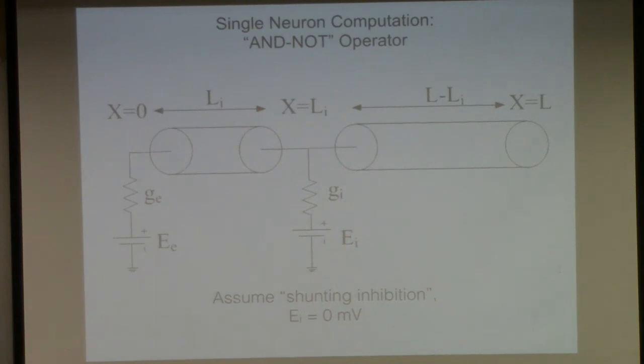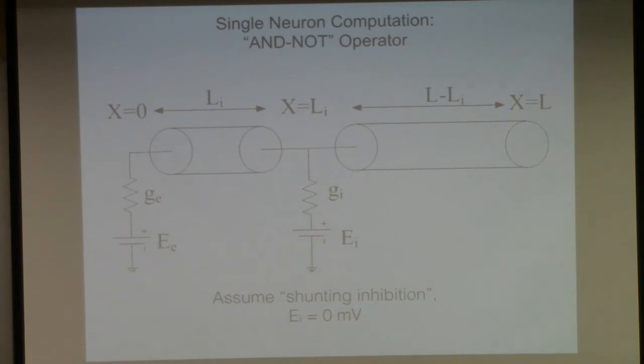So if this reversal potential were 0, increasing this conductance produces no response at this location in the dendritic tree if the neuron is sitting at a membrane potential of 0 millivolts. Produces no response alone. And so you wouldn't see the effect of just the inhibitory input. It doesn't produce a voltage response.